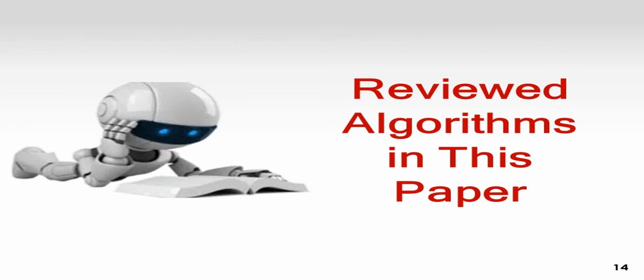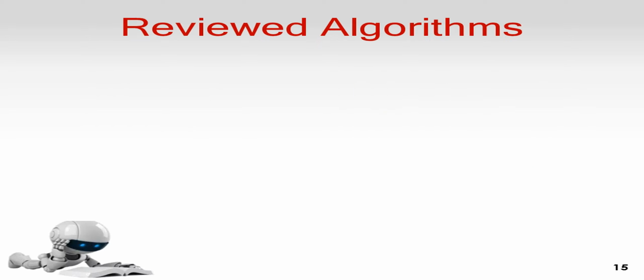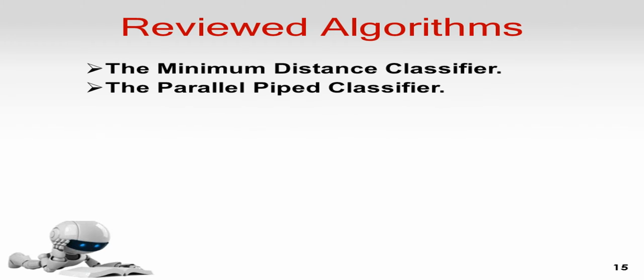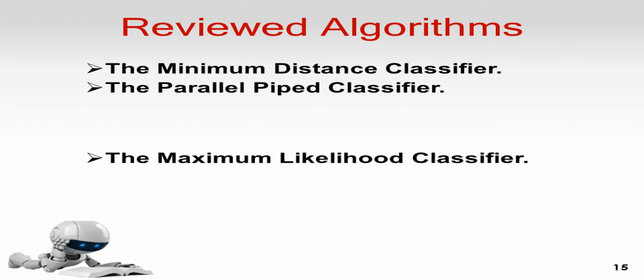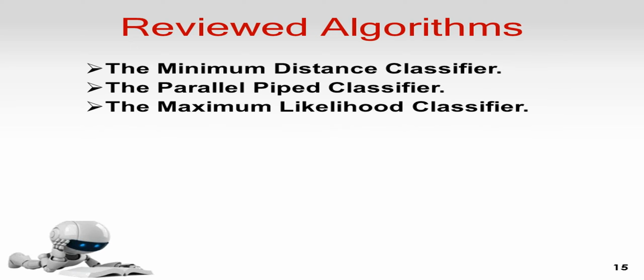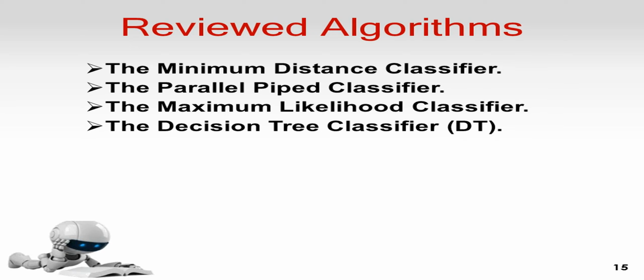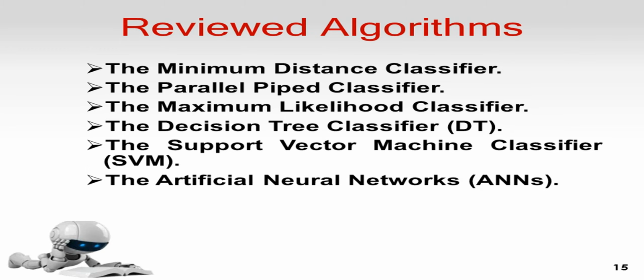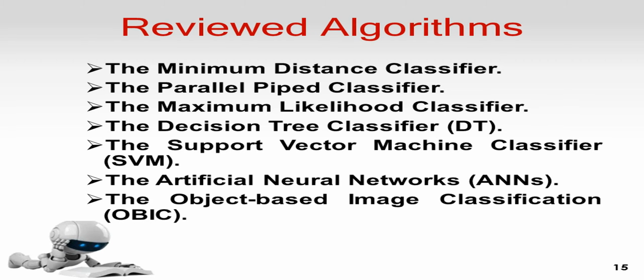Now we talk about the reviewed algorithms in this paper. The reviewed algorithms are the minimum distance classifier, the parallelepiped classifier, the maximum likelihood classifier, the decision tree classifier, the support vector machine or SVM classifier, the artificial neural networks or ANN classifiers, and the object-based image classification.